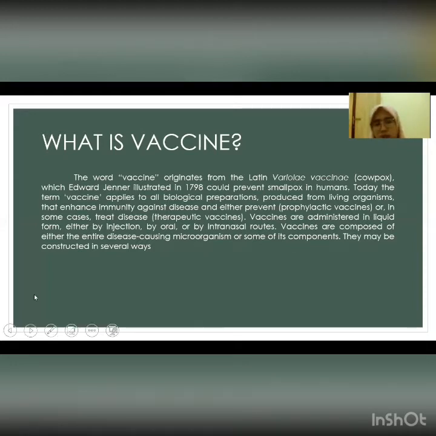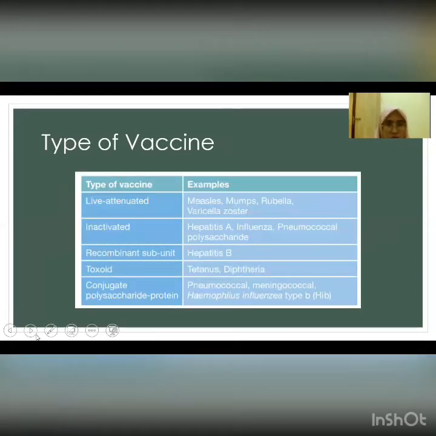And these are the types of vaccine. The first one is the live attenuated vaccine. It contains living organisms that have been weakened, usually from cultivation under suboptimal conditions, also called attenuation, or from genetic modification, which has the effect of reducing their ability to cause disease.